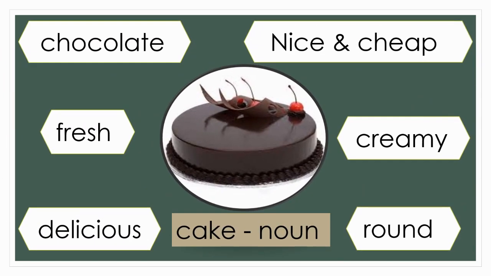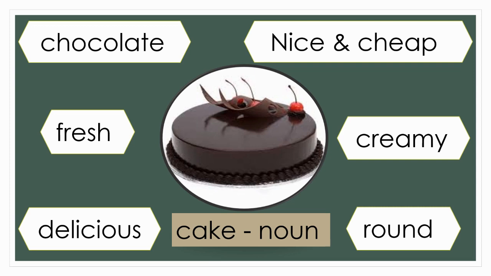The next picture is of a cake. You all eat cakes? Yes, you eat cakes. So, you all know about cakes. So, here the words around the cakes are telling us more about the noun cake. The words are chocolate, nice, cheap, fresh, creamy, delicious, and round.